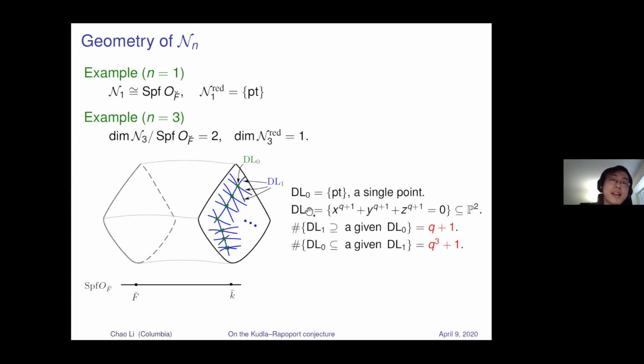The 0-dimensional strata are just single points, and the 1-dimensional strata are Fermat curves of degree q+1. You can also compute the combinatorial structure constants: q+1 Fermat curves intersect at a point, and on each Fermat curve, there are exactly q+1 points.